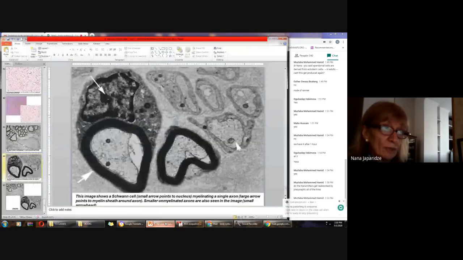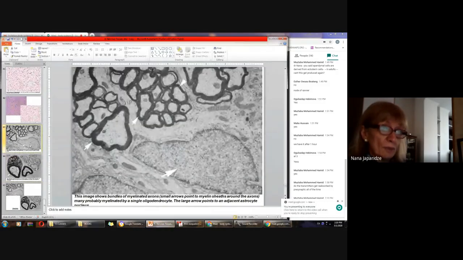In the case of oligodendrocytes, look, I'm talking about this one. This is the cytoplasm of the oligodendrocyte, and no axons are in the cytoplasm. But you see here the processes of oligodendrocytes which surround these blocks of myelinated axons.